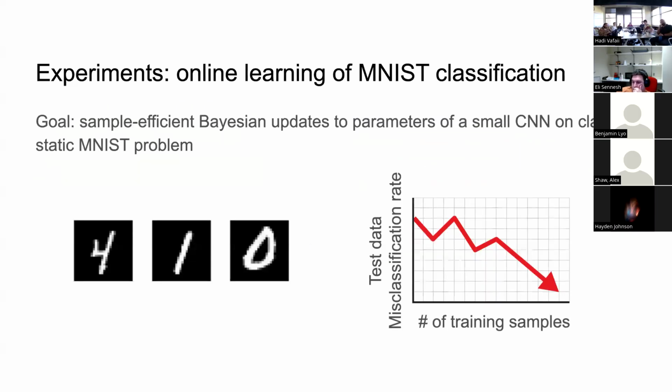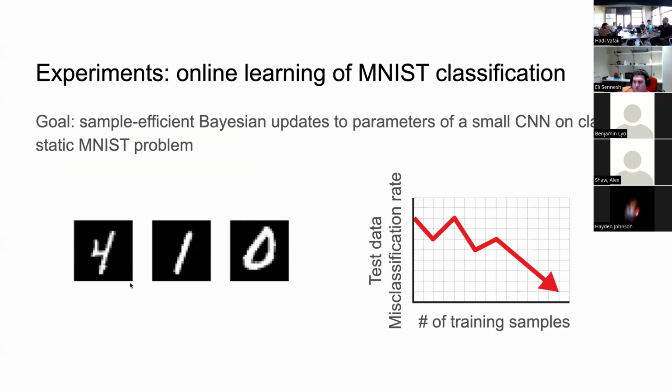So, speaking of experiments, we can just talk about these briefly as well. The way that the experiments are set up in this paper is that we are going to take in individual samples and labels on MNIST, which most of you are probably familiar with, but it's just a data set of little grayscale images of handwritten numbers.